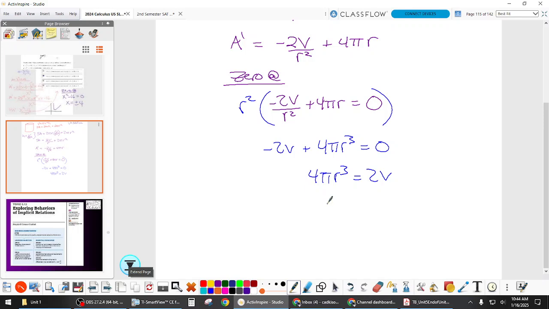And then divide by 4 pi, and then cube root. Everybody good on that?